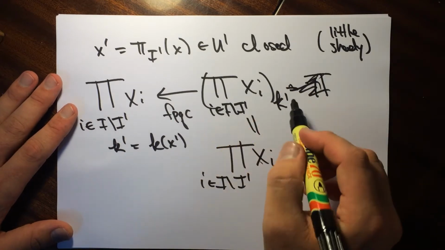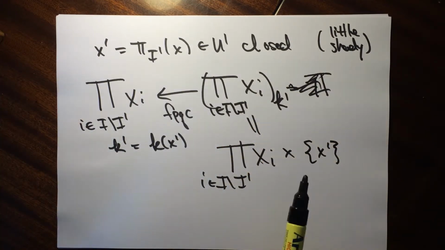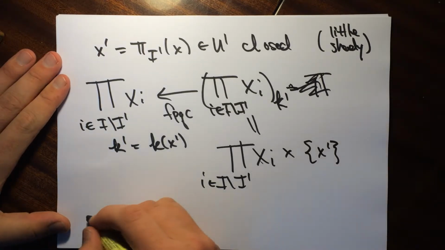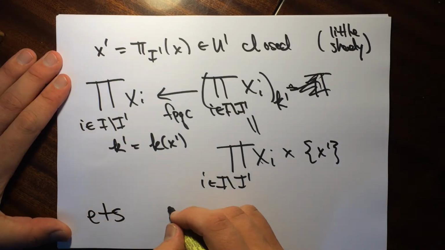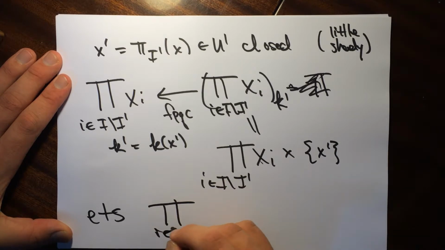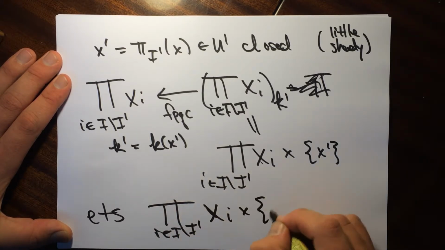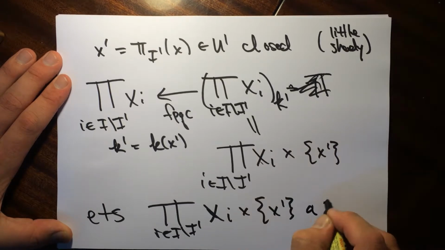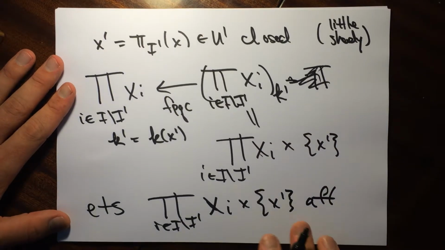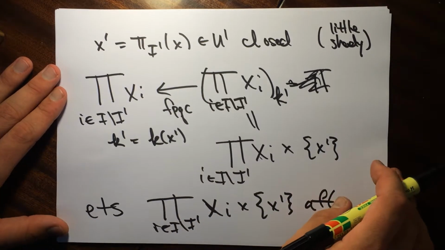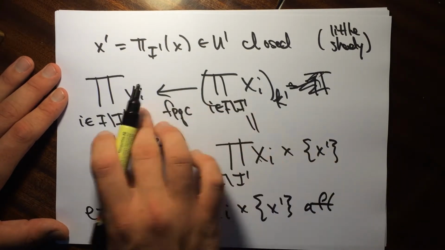This is just the definition of the base change, and so it's enough to show that this product here is affine. This is what we want to show, because we're going to use FPQC descent here.